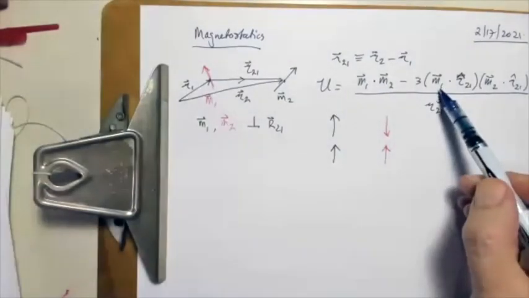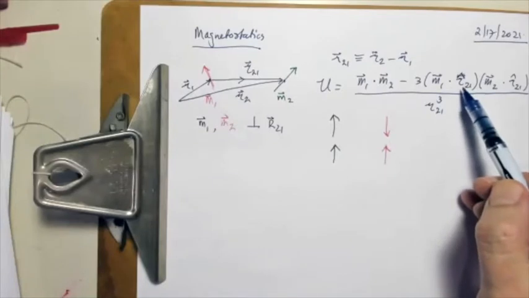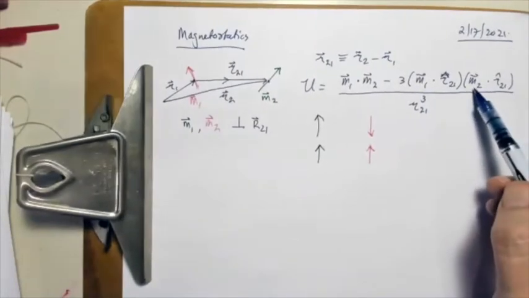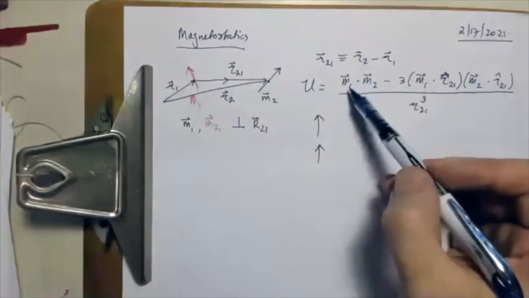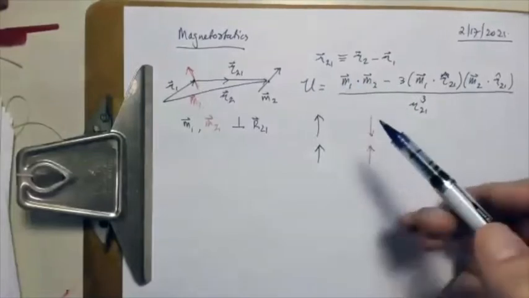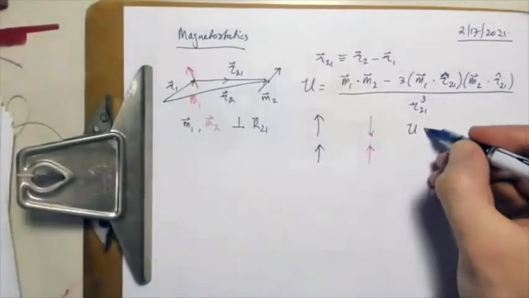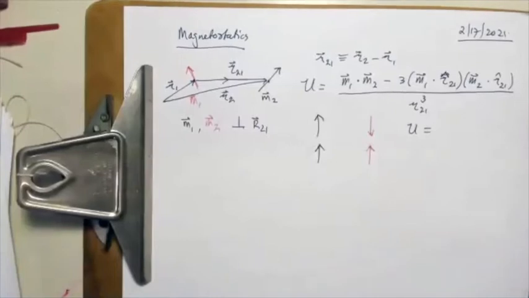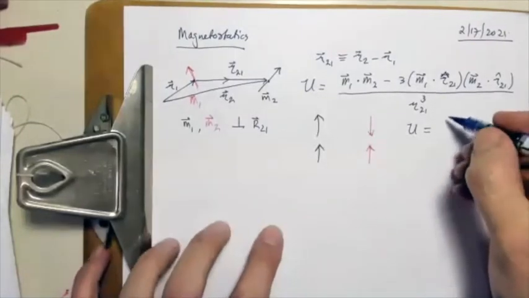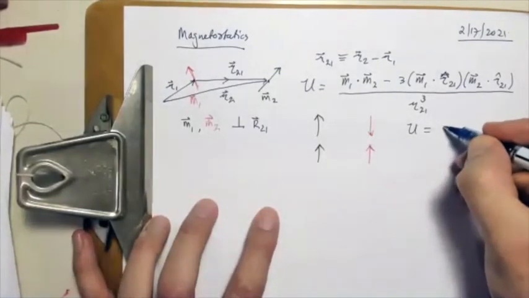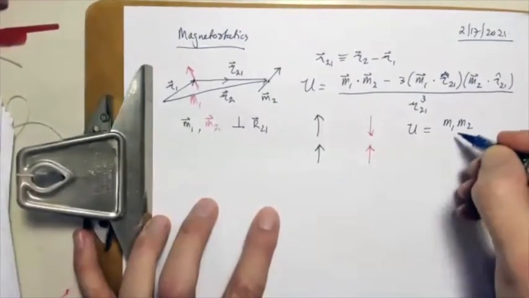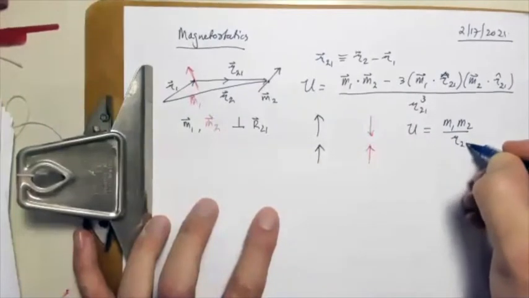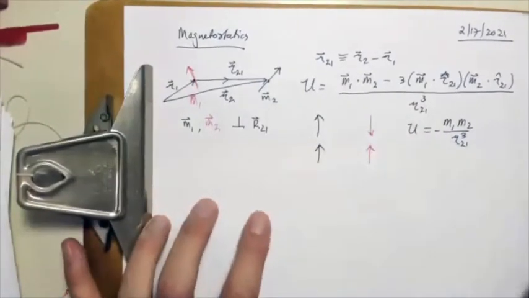And the M1 is perpendicular to R21, and M2 is also perpendicular to R21. So this term vanishes and this term vanishes as well. And so all we're left with is this dot product of M1 and M2. So our U is minus M1 dot M2 over R21 cubed.